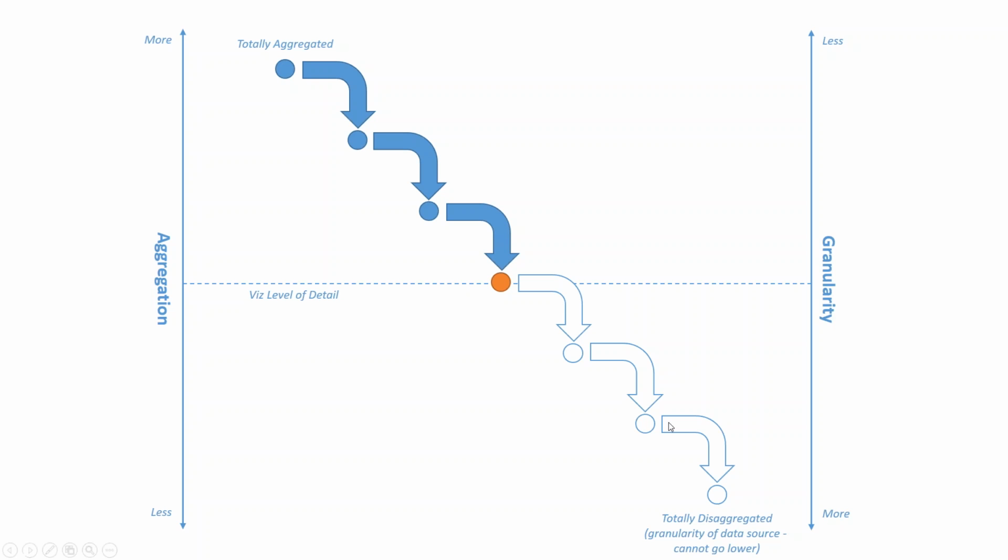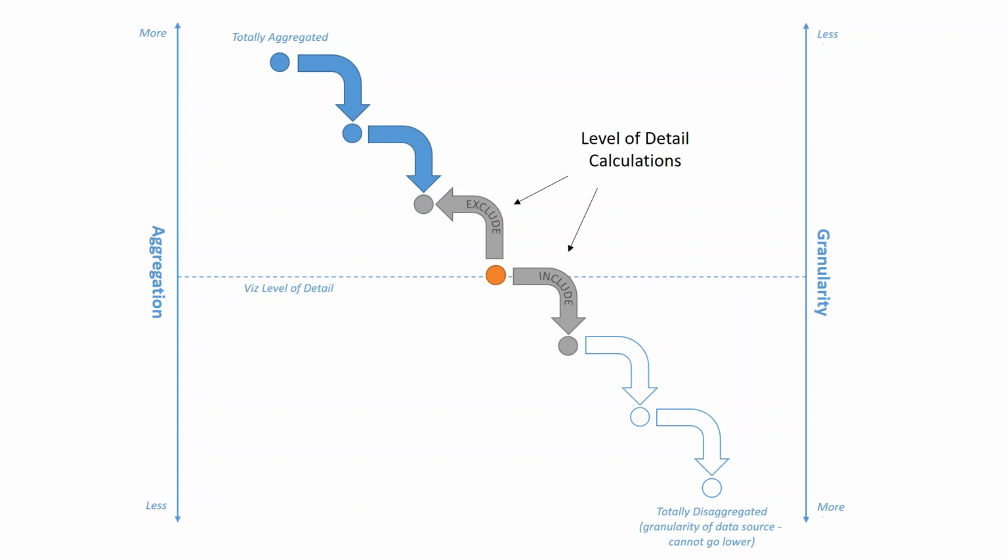By doing level of detail calculations, we can leave the viz level of detail where it is, but just change the aggregation or the granularity that we have in our data. So yeah, there we go. Level of detail calculations will change how aggregated or granular our data is, but without changing the visualization level of detail, or without changing what's in the visualization.